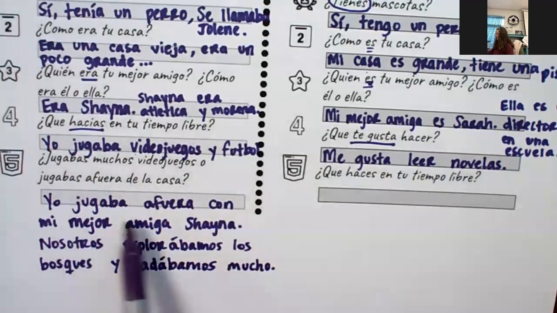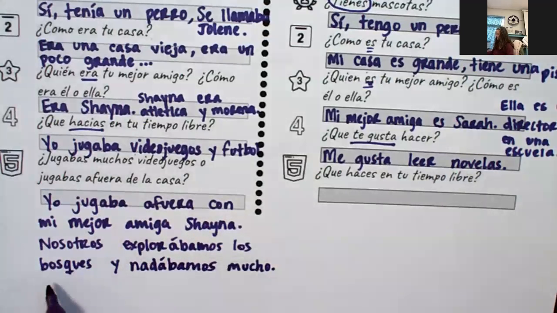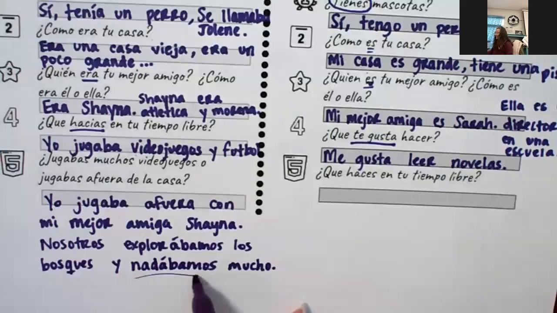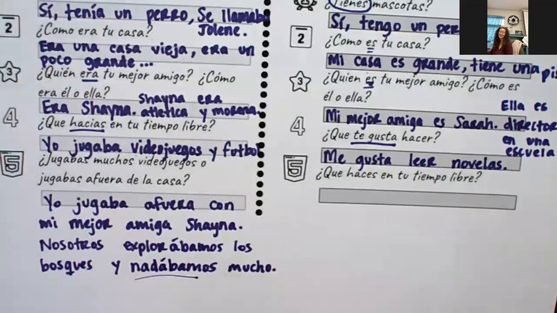We explored the woods. So like we went hiking, exploring a lot. And then we had nadábamos. For some reason, AR verbs in the imperfect, I think, sound hilarious because of this ábamos at the end. Mucho. So we swam a lot.